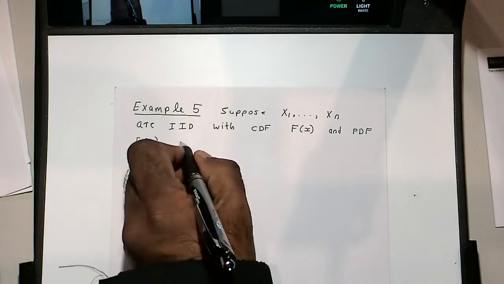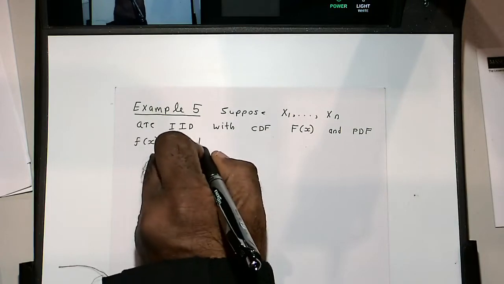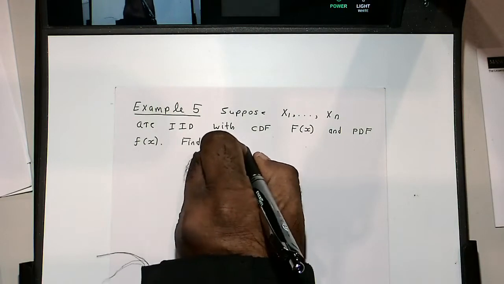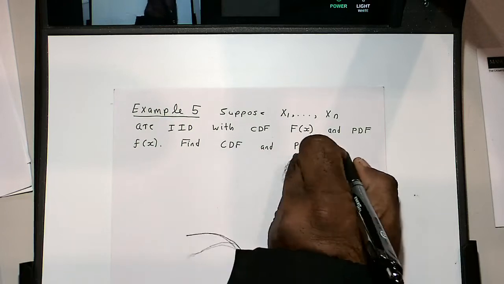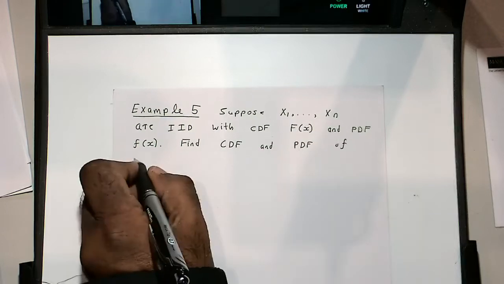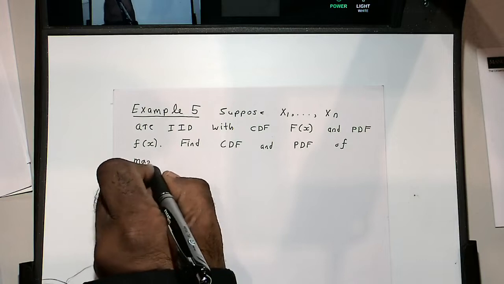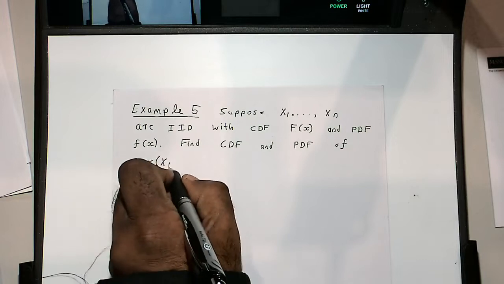Now the question is to find the CDF and the PDF of the largest observation in the sample. So in other words, the maximum.